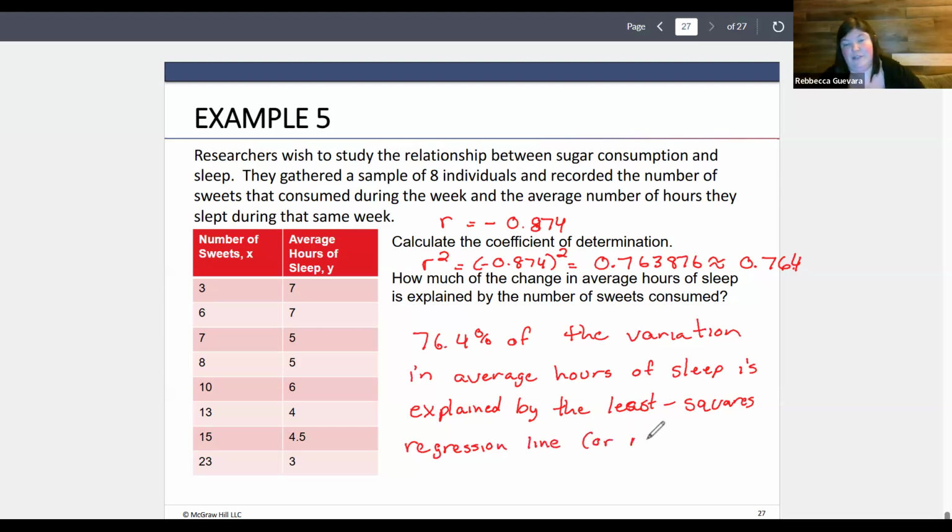Or you can say by number of suites. So other things are going into that calculation to figure out what is somebody's average hours of sleep. And we know that number of suites has about a 76% of that variation we're seeing in sleep could be predicted, not explained, by how much candy this person's eating or how many sweets they're eating.